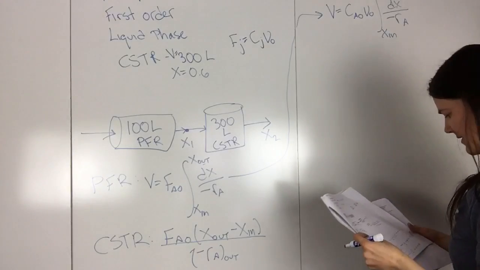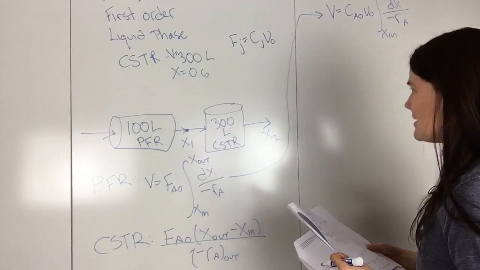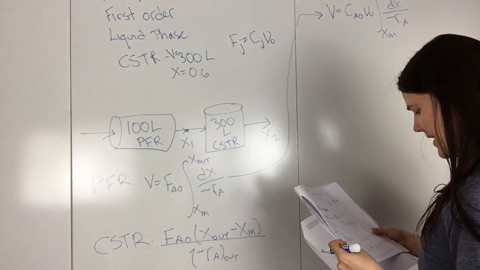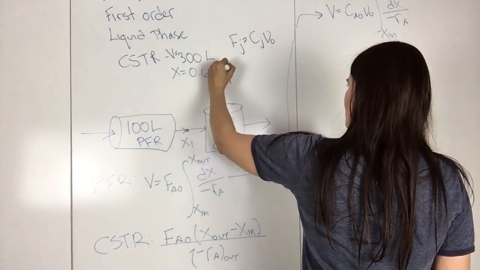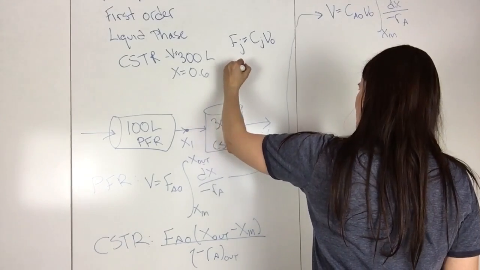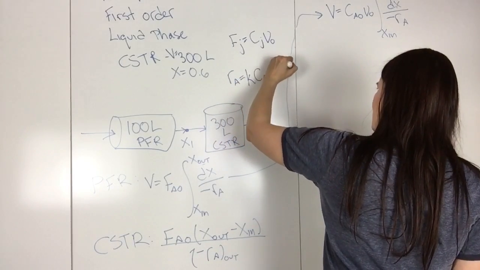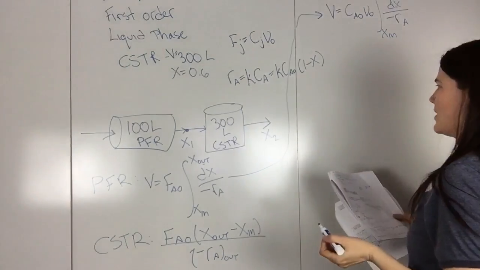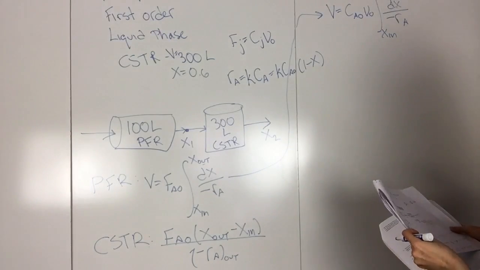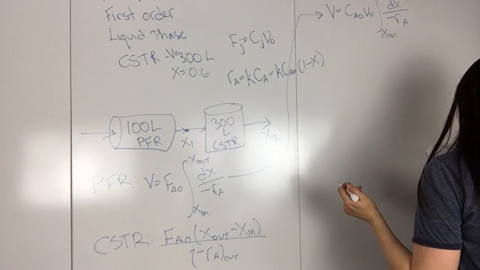We also know that the rate is first order, so I'm going to say that the rate is K Ca, which equals K Ca naught times (1 minus x).